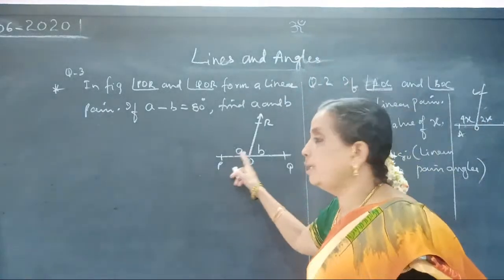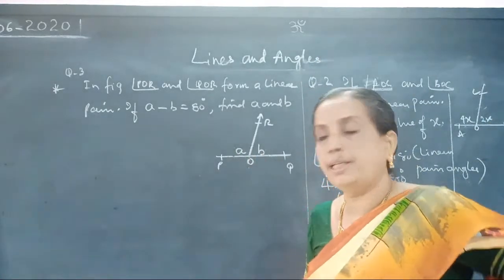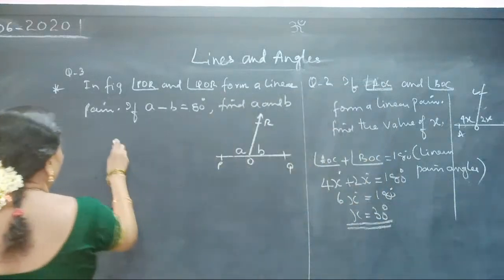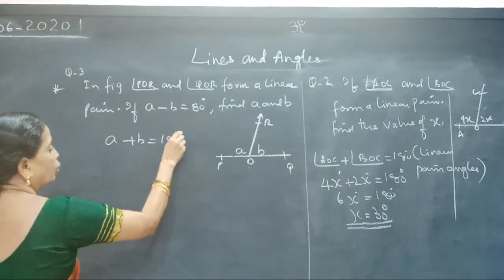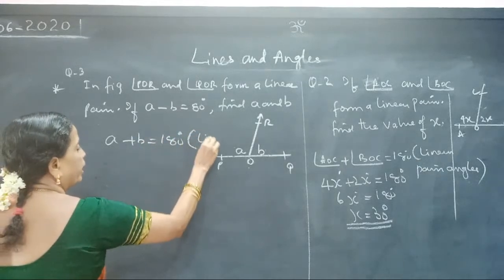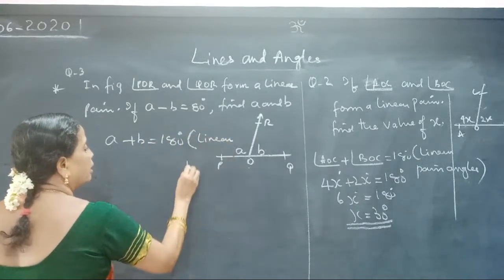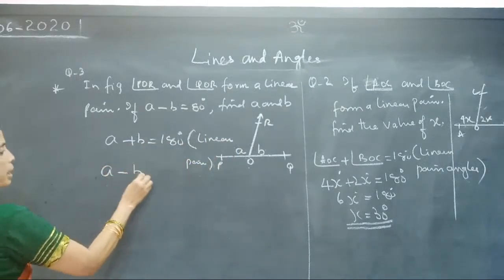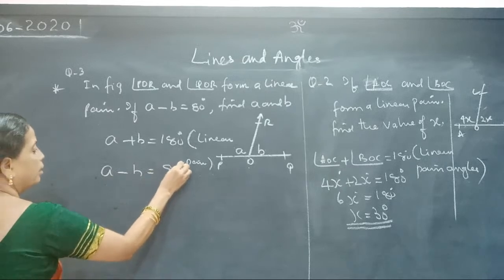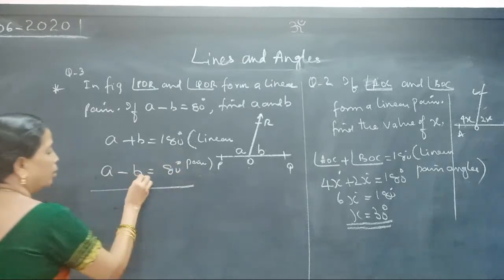The sum of the linear pair is 180 degree. So we write here a plus b equals 180 degree. Here write the reason, linear pairs. A minus b equals 80 degree, it is given.